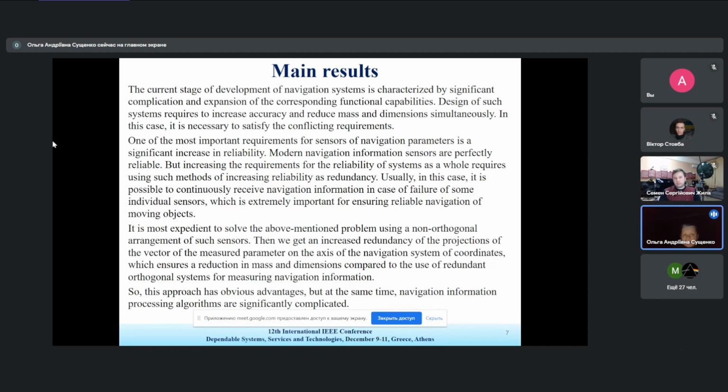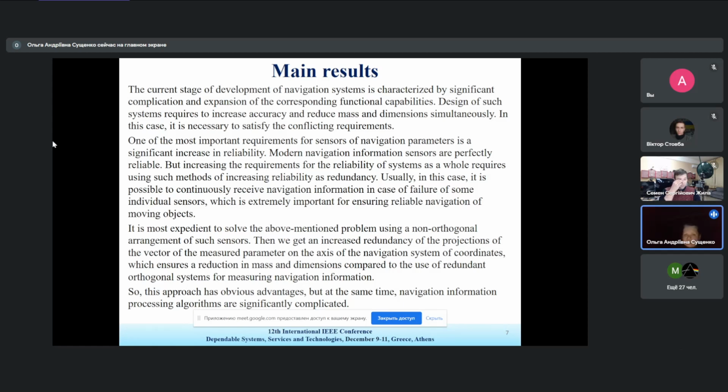Usually, in this case, it is possible to continuously receive navigation information in case of failure of some individual sensors, which is extremely important for ensuring reliable navigation of moving objects. It is most expedient to solve the above-mentioned problem using a non-orthogonal arrangement of such sensors.